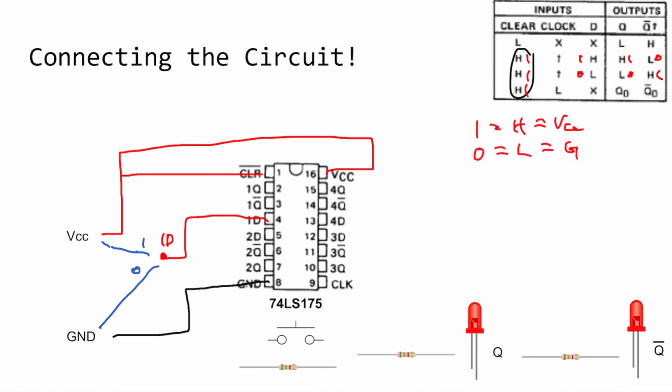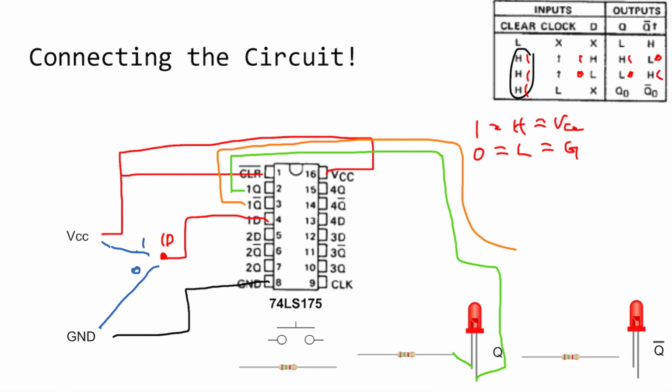The output 1Q, we are going to connect to the LED's positive terminal, and then the negative terminal is connected to the resistor. And for Q2, the 1Q bar, we connect it to another LED at the positive terminal.